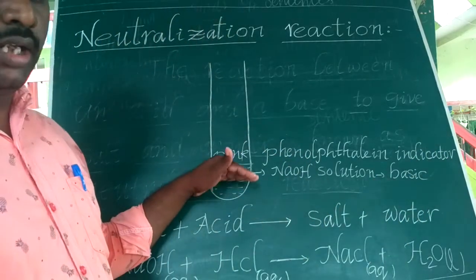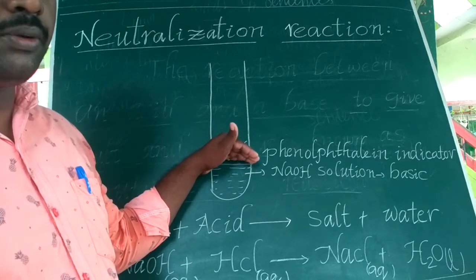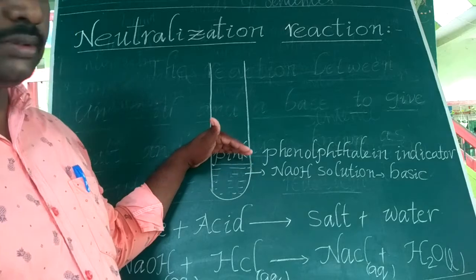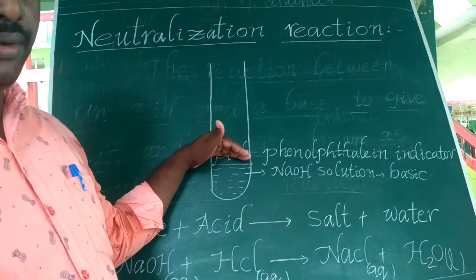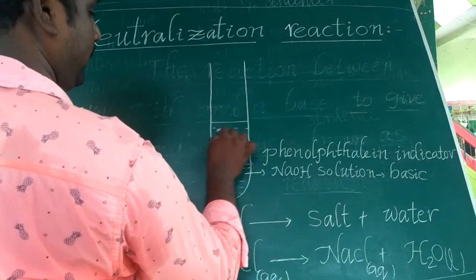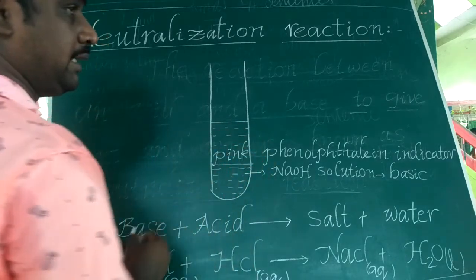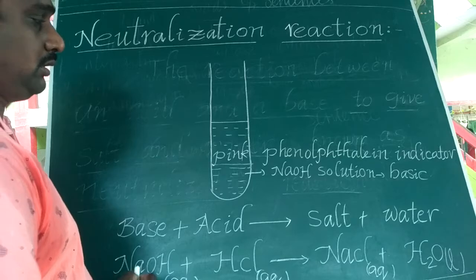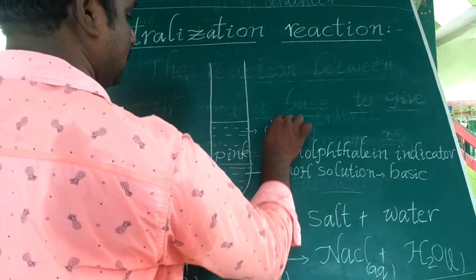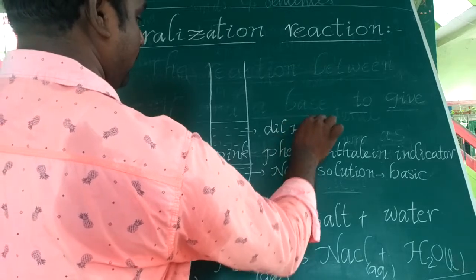Next, we add dilute hydrochloric acid drop by drop to the sodium hydroxide solution. What do you notice? We notice that the pink color of the solution changes into colorless.